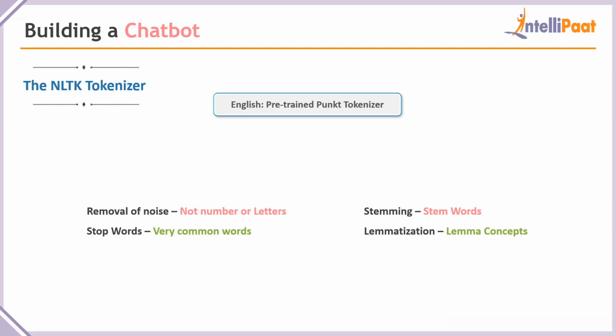And then stemming and lemmatization is where things start getting really nice. Stemming is basically deriving a word from its stem. Let me give you an example of a stem word. A stem word may be learn. When you're talking about stemming, think about words such as learnt, learned, learning, learn.